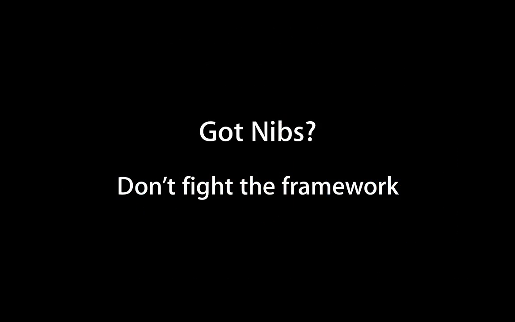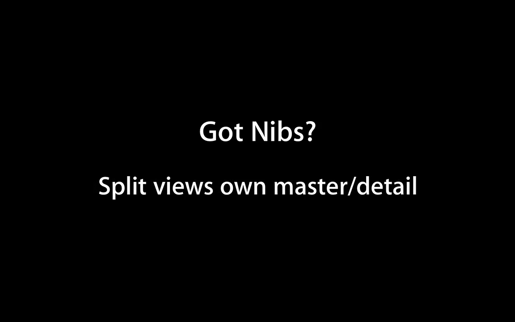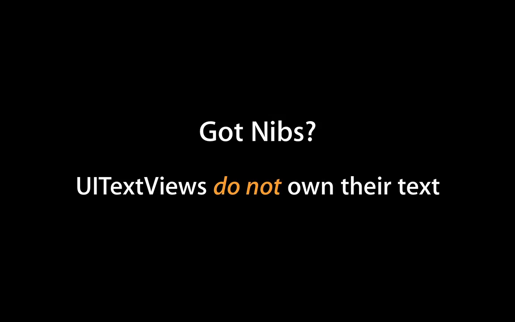So what if you have nibs? Again, the advice here is don't fight the framework. So some rules might be: UI view controllers own their views. Split views own their master and detail view controllers. Views own their subviews. And UI text views do not own their text.